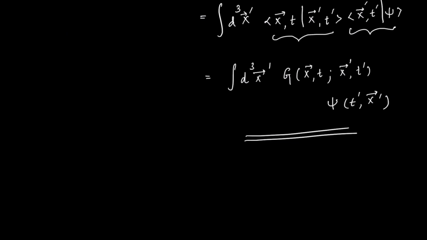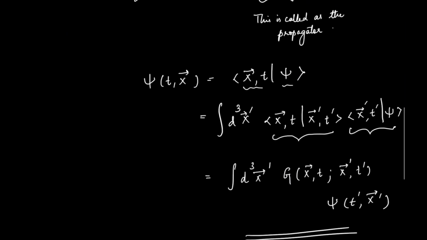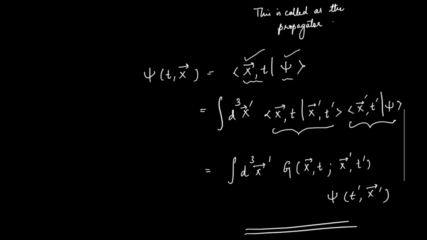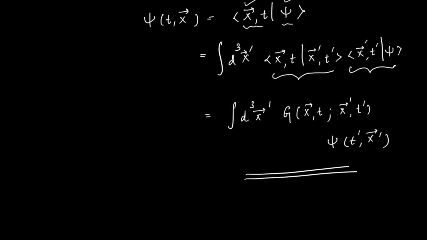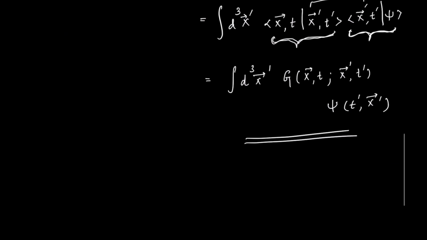So if you want to find the wave function at time t, I have to operate <x| on psi, and now I introduce the completeness relation. After incorporating the completeness relation, the first object is the propagator G, and the second object is the wave function at t prime, x prime.